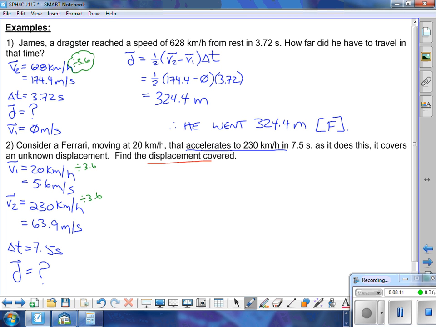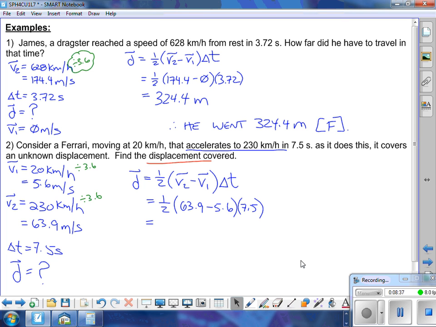So this one, very similar to the previous one. It has the exact same information, so it means we're using the exact same formula. I like when it works out like that. The difference this time between the two examples is that V1's not 0, which is not really a big deal. So V2 is 63.9 minus the 5.6. Time is 7.5.